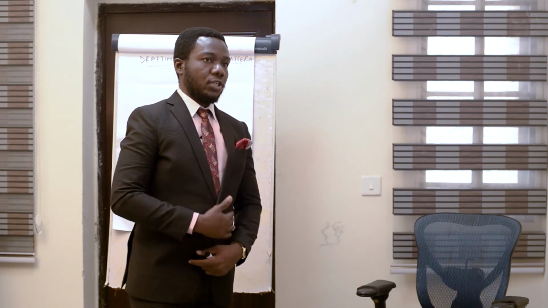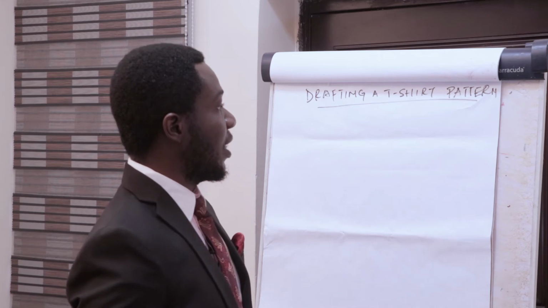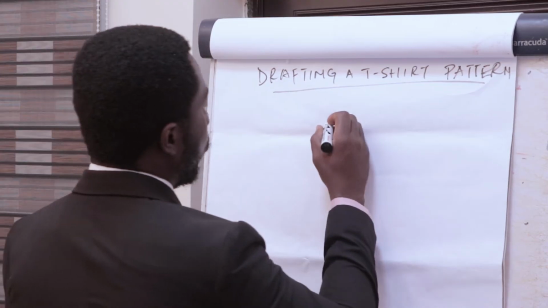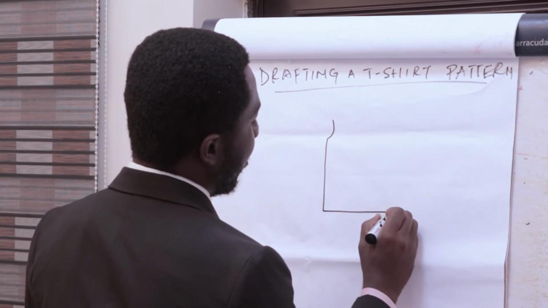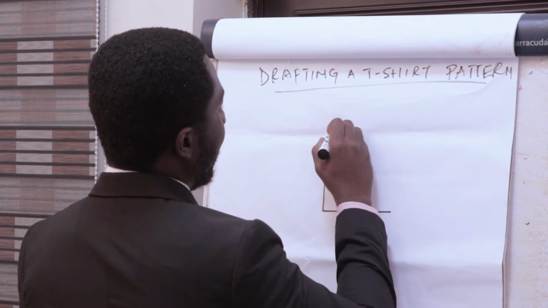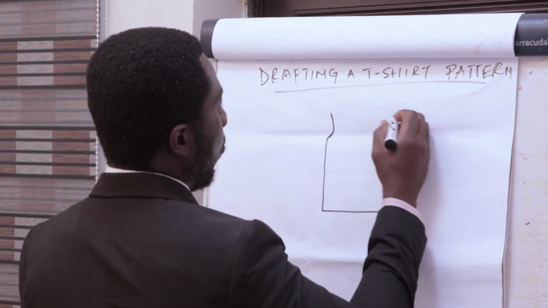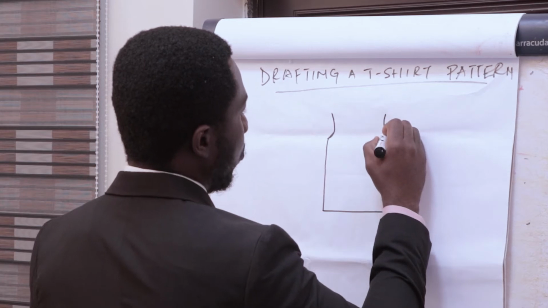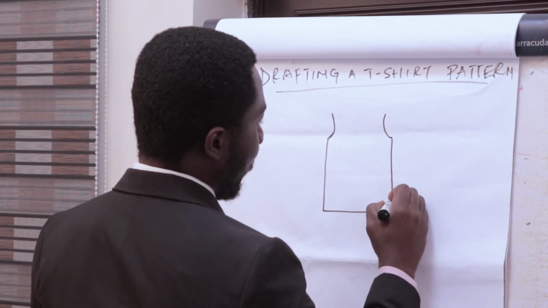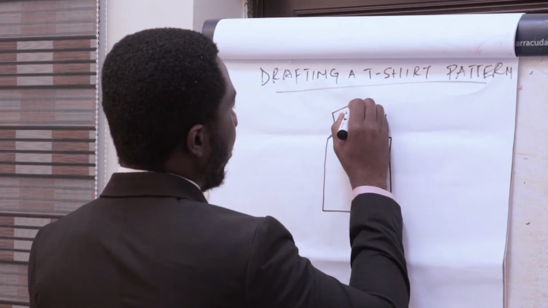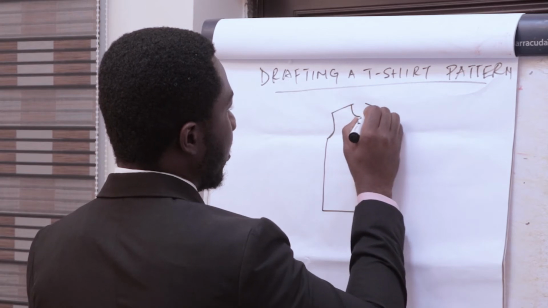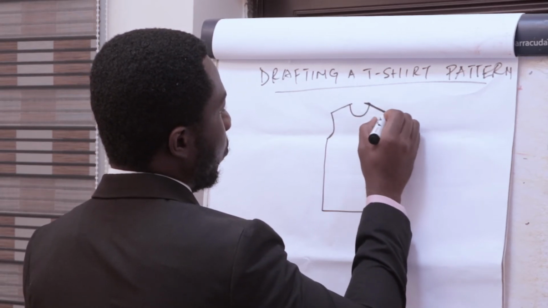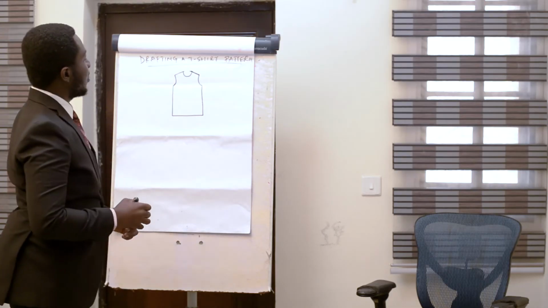To get the chest block, you are dividing the measurement into 4, but for a t-shirt, they are dividing the measurement into 2, because your chest block is supposed to look somewhat like this, although you can still divide it into 4, but that means it's half of the t-shirt you'll be cutting out, and usually a lot of times that increases the measurement of what you end up getting, because when there's extra material, you don't really notice it for a t-shirt, so it's better to cut out the block looking like this. So this is how the pattern usually looks like for a t-shirt. So how do you achieve this?